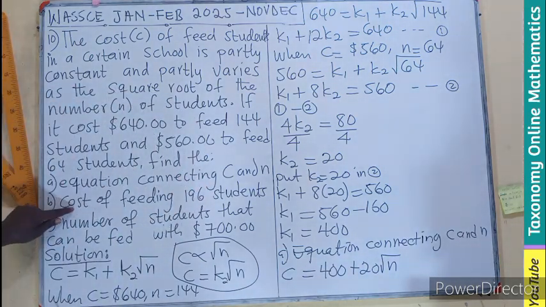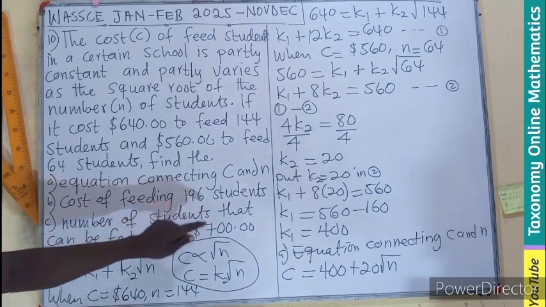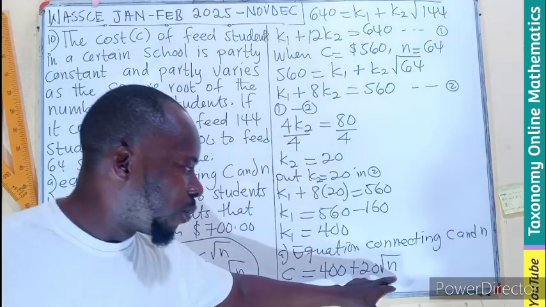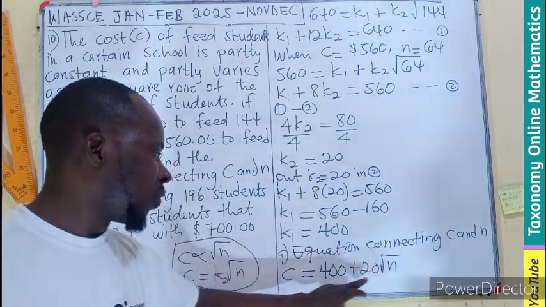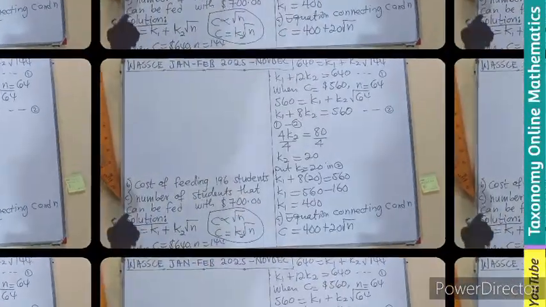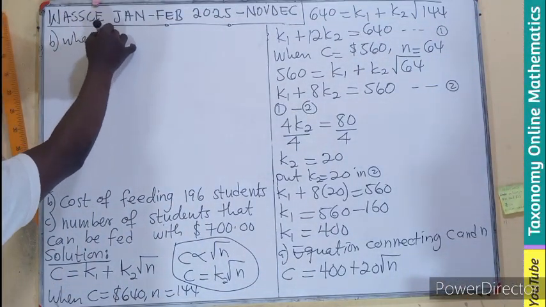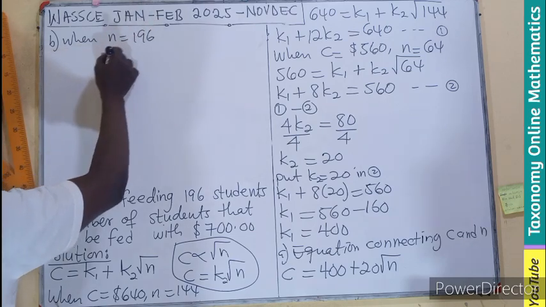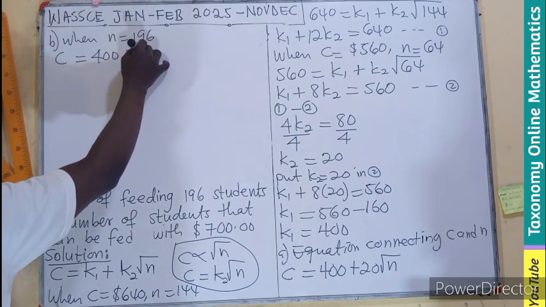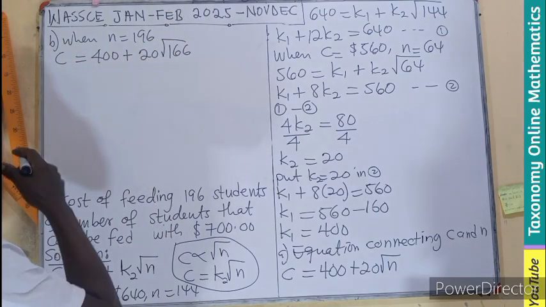Then the second part, we have to find the cost of feeding 196 students. N represents 196. When I put it there, I can find this easily. So here, the B part. When N is 196, your C will be nothing but 400 plus 20 root 196.